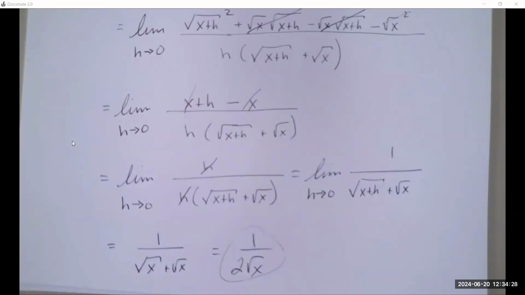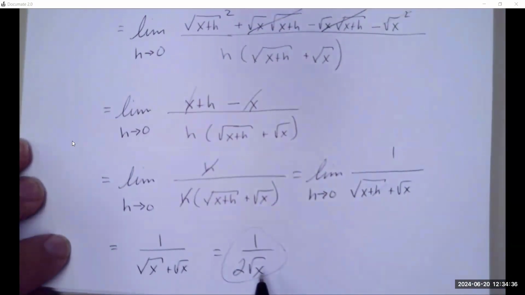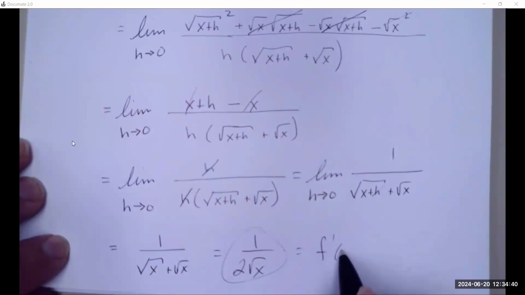You have to find the f of x plus h, then since we're dealing with radicals, do the conjugates. So we know that the derivative of the function, this is f prime.